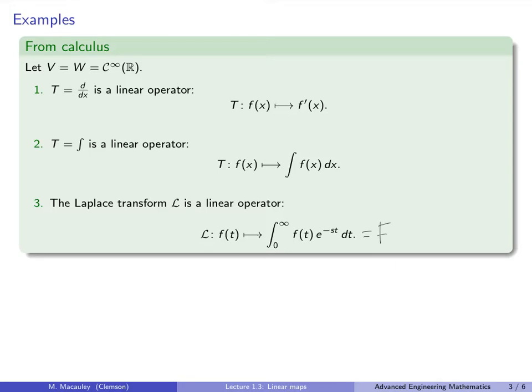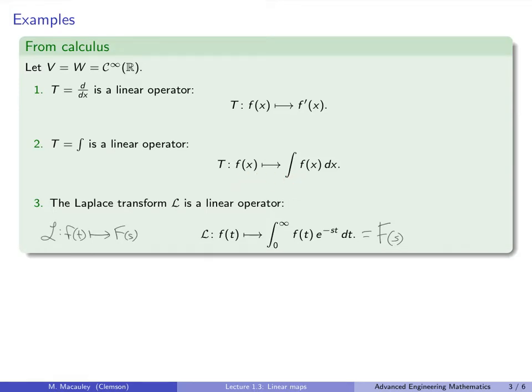Sometimes we write this as capital F of s. So this is a linear operator that inputs little f of t and outputs big F of s. And this is linear for the same reason why integrals are linear.